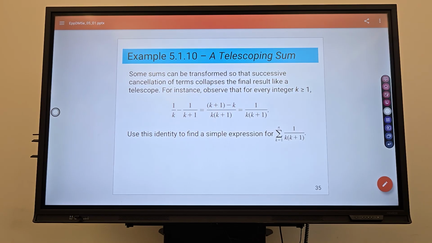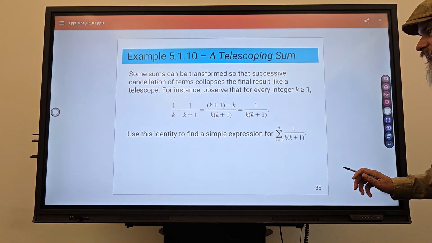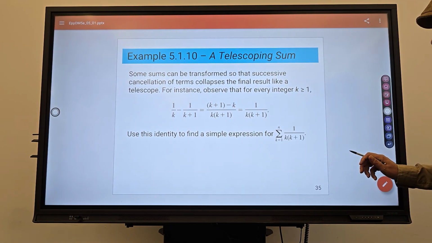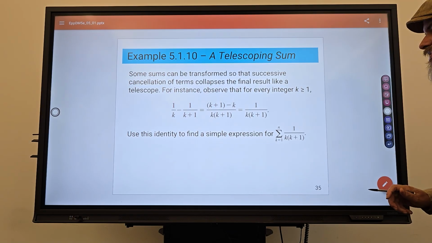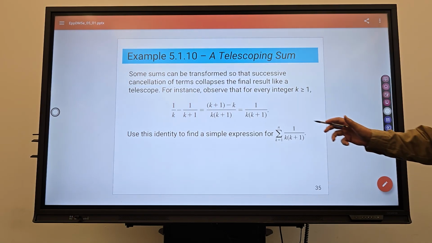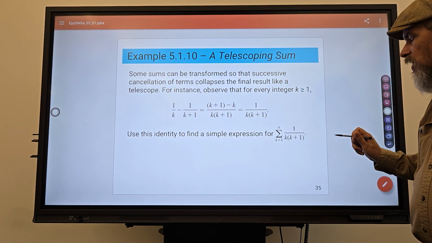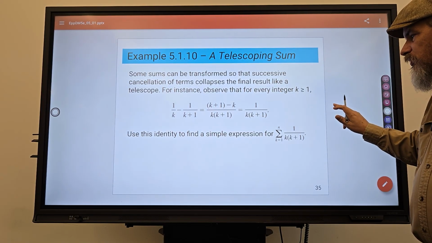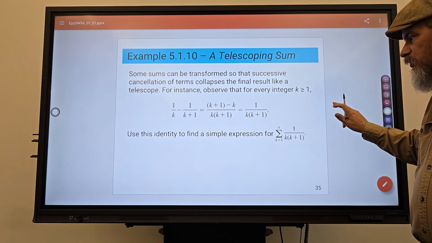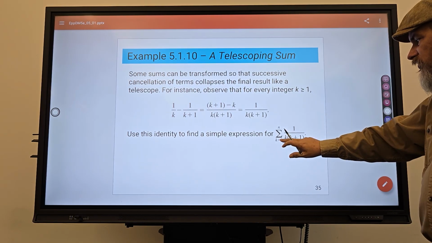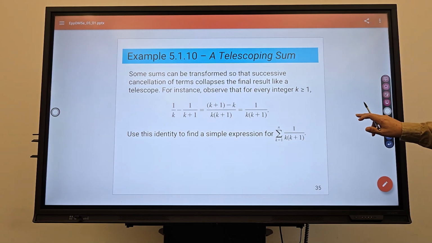You can use this identity, which is equal to 1 over k times k plus 1, to find a simple expression for this summation.